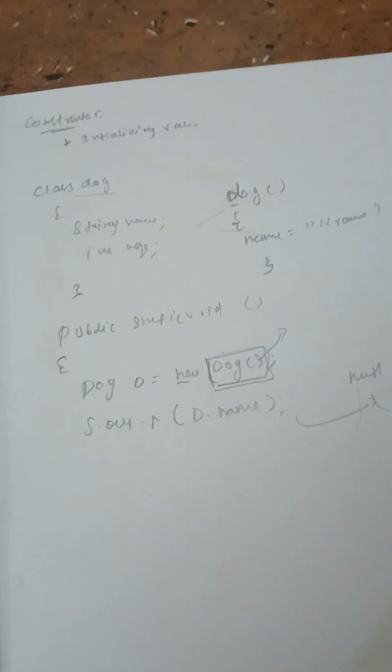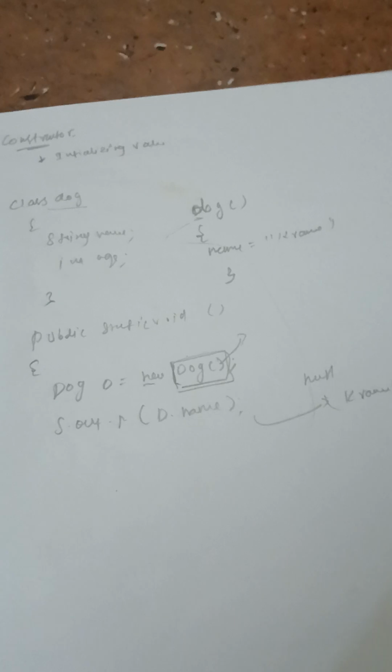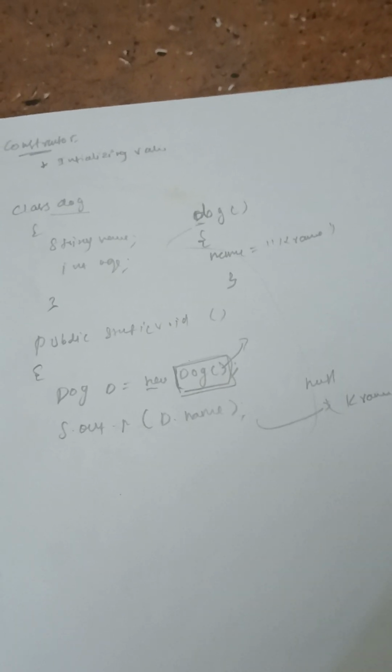Whenever you create an object and call the name, if you want your own dog name, pass an argument.